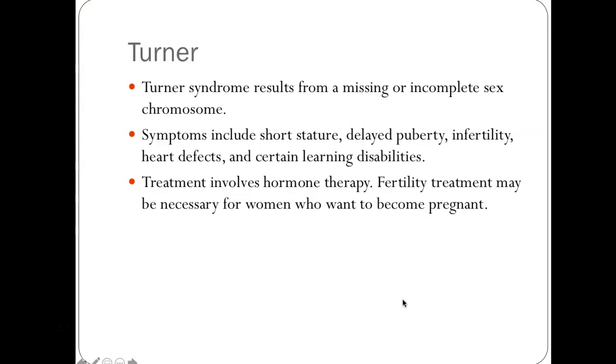And so what does that do? Let's discuss that. Turner syndrome results from a missing or incomplete sex chromosome. So she only has one X. Symptoms include short stature, delayed puberty, infertility, heart defects, certain learning disabilities. And so it makes you wonder, okay, X chromosomes help determine sex, but they definitely have genes for other things too.